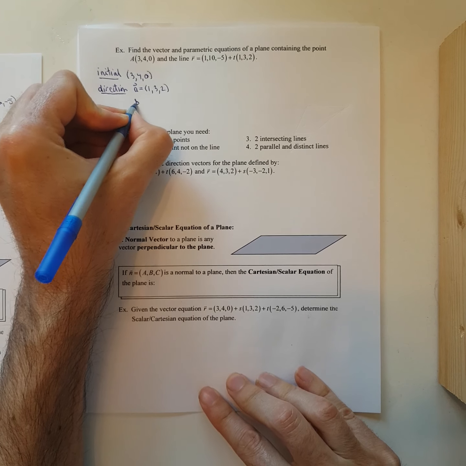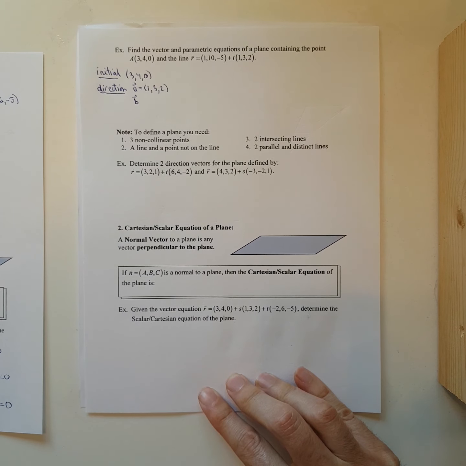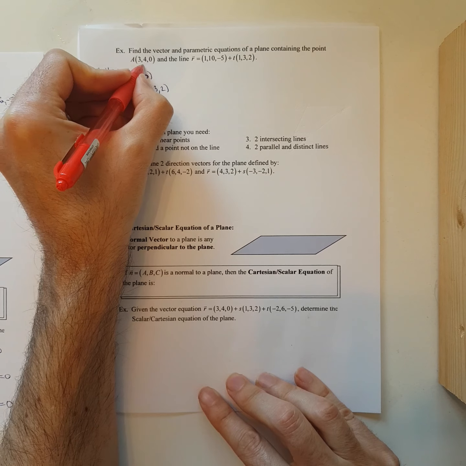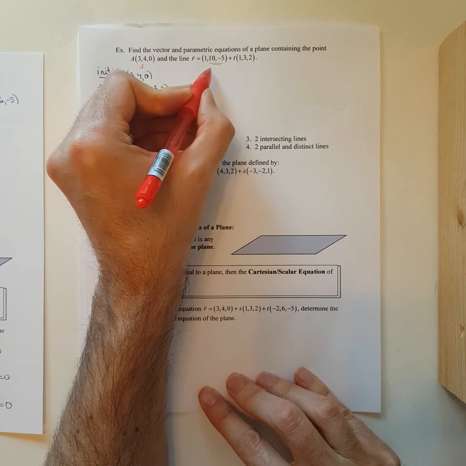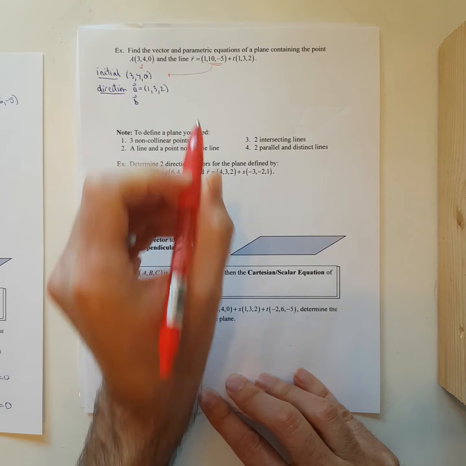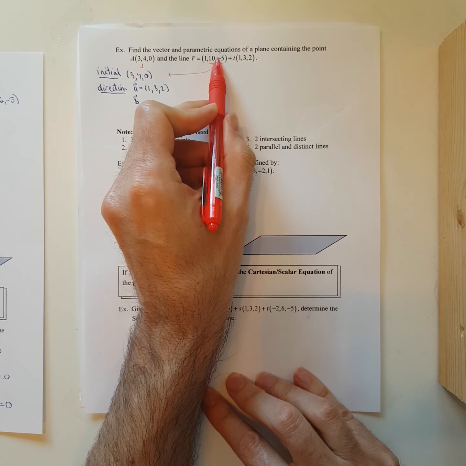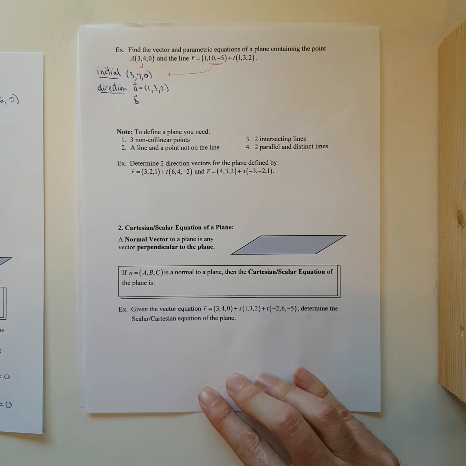And now I need a second one. What I want to look at here is the idea that, yes, this point was on the plane, but this point here was also, so we could have used this point as well. That point on the line, since the line is on the plane, is also on the plane.